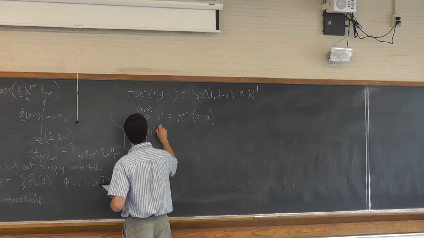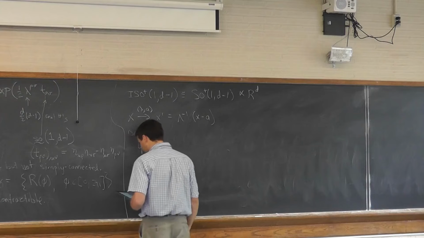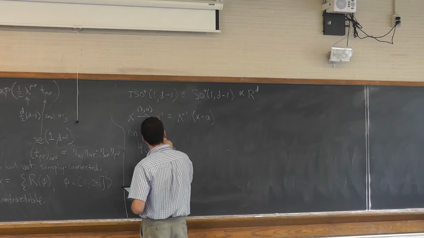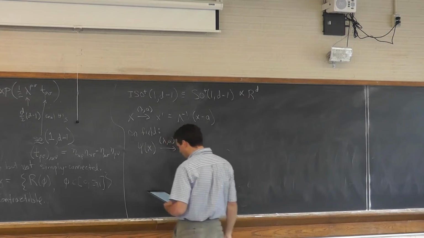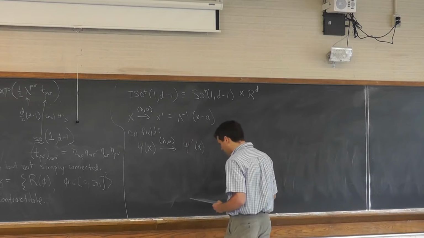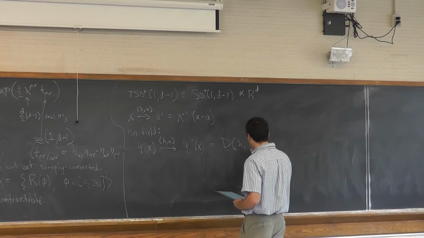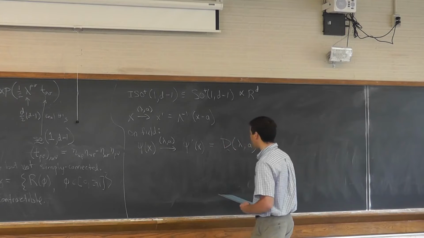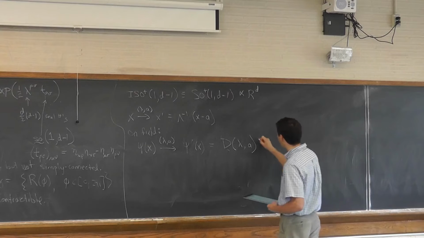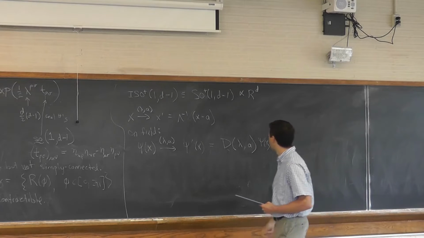Acting on a field, the transformation says that under a Poincare transformation parameterized by lambda and a, psi of x goes to psi prime of x, which is some operator D parameterized by lambda and a acting on psi of x.